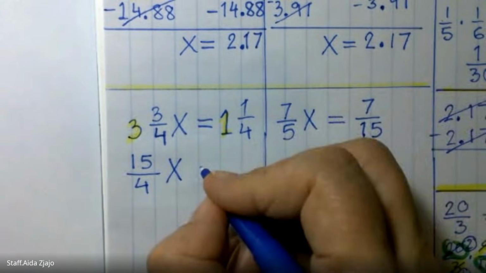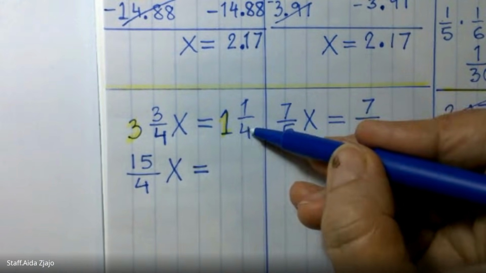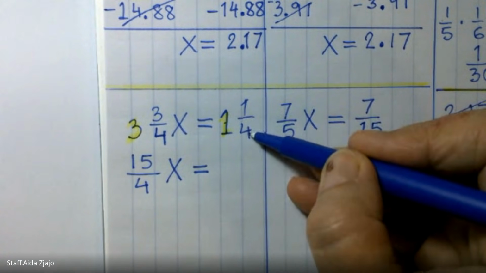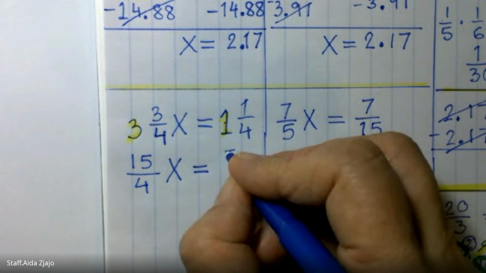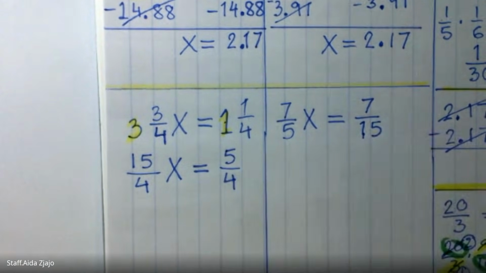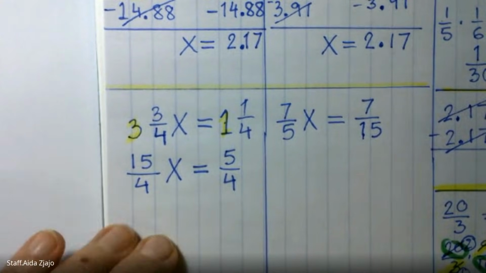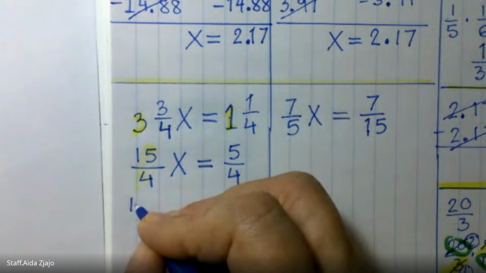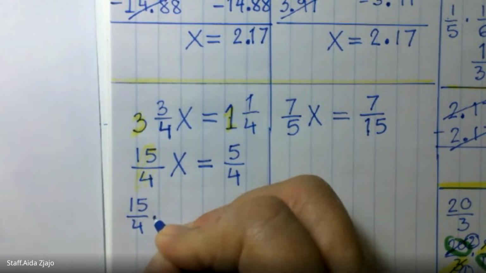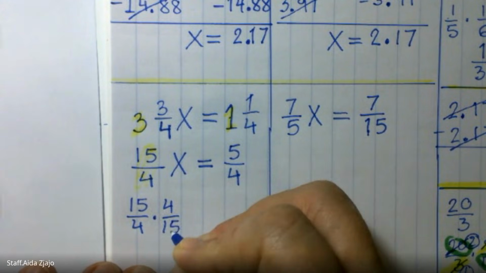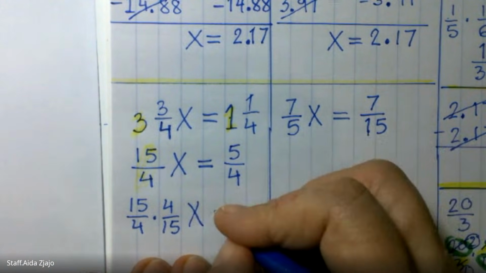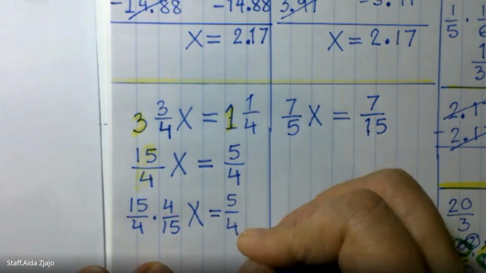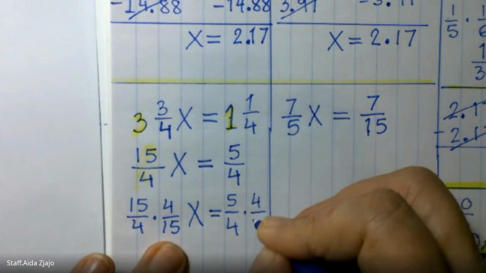X is same as, now 1 whole is 4 fourths, and then 4 fourths plus 1 more fourth is 5 fourths. So when I have this, I need to get rid of this part. So reciprocal, 15 fourths times 4 fifteenths. X is same as now 5 fourths times 4 fifteenths.